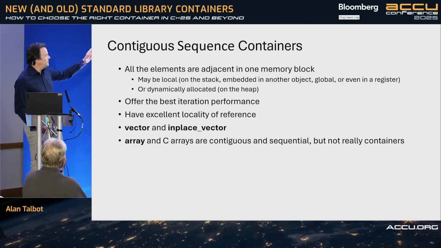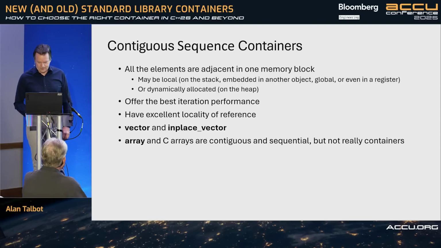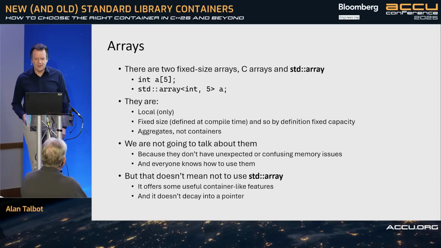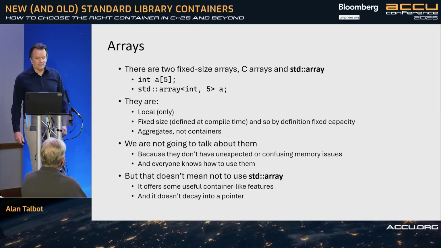So we have to spend a moment here on array and C arrays. We know what these are, right? Everyone knows this stuff. They're local only, fixed size, therefore obviously fixed capacity. I consider these aggregates, not containers.